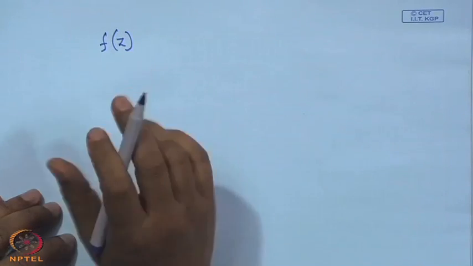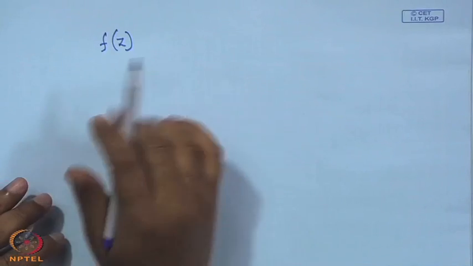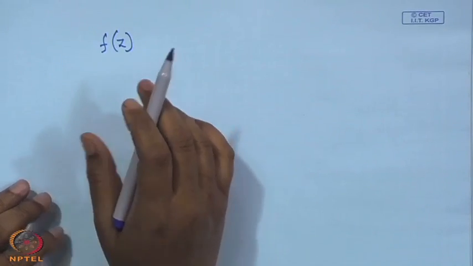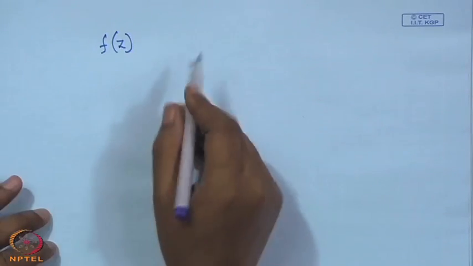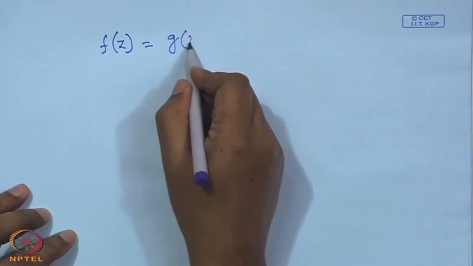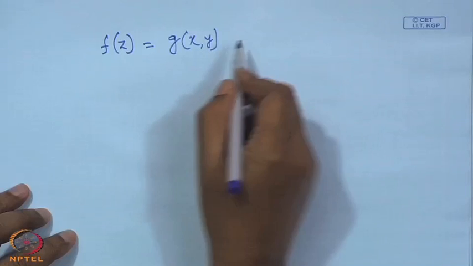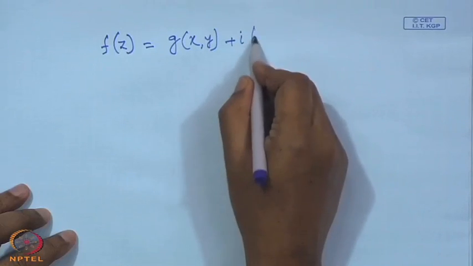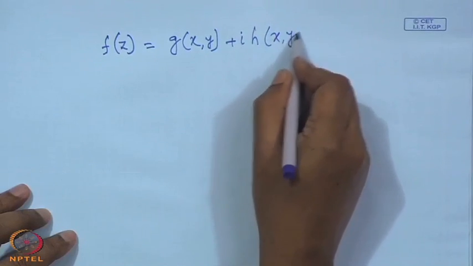What is that condition for f? See f of z, like z has two parts, real and imaginary. Similarly, this function also has two parts, a real function and the imaginary part. Let us say this is g x y plus I h x y.